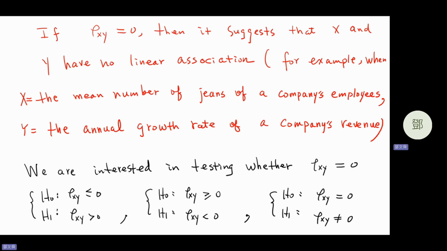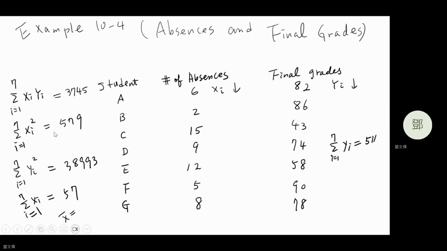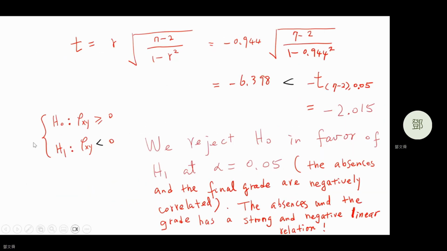Understand? And I wanted to conclude that. And what is the test statistic? The test statistic here is this one: r times the square root of n minus 2 divided by 1 minus r squared, where r is the sample correlation coefficient, which is negative 0.944 in this example.